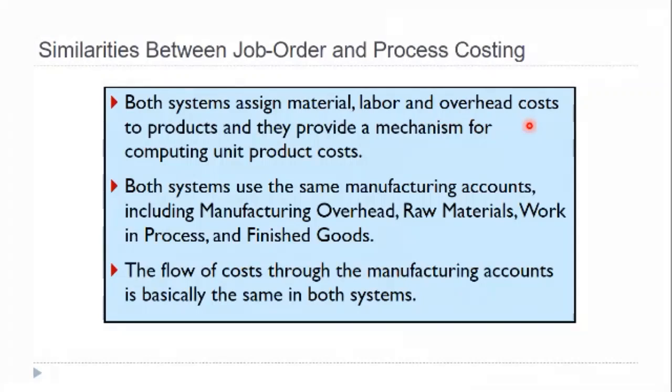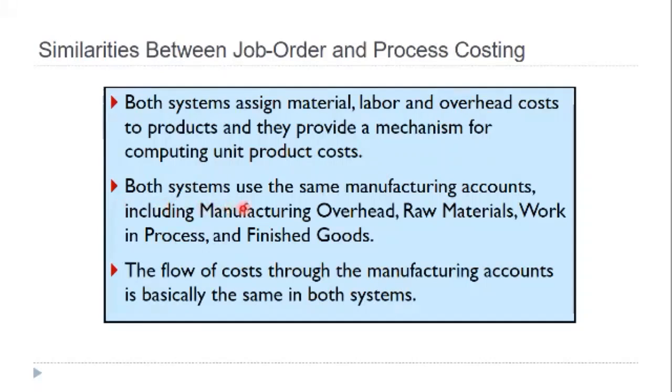Right. First, we have to look at some of the similarities between job order and process costing. The first thing is both systems assign material, labor, and overhead costs to products, and they provide a mechanism for computing unit product costs.